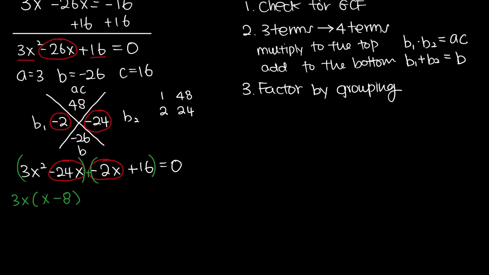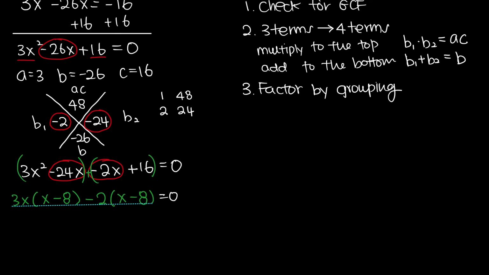Remember, when you distribute this back in, we have to go back to what we started with. Looking at the second one, I have to factor out negative 2, because I have to have a common binomial. If I had x minus 8 here, I have to have x minus 8 there. And of course, that equals 0.